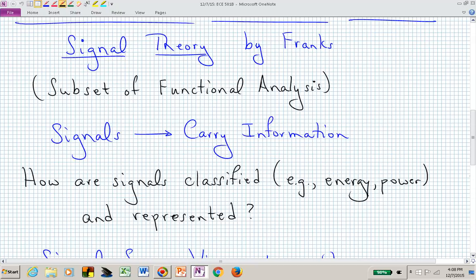Now we might have a signal, and now we need to know what kind of information can be contained in or found in that particular object. And we want to start talking about how signals can be classified, and if you've taken earlier signal and system classes as an undergrad or a graduate, you might have had to classify signals as energy signals or power signals, and how do you represent those?